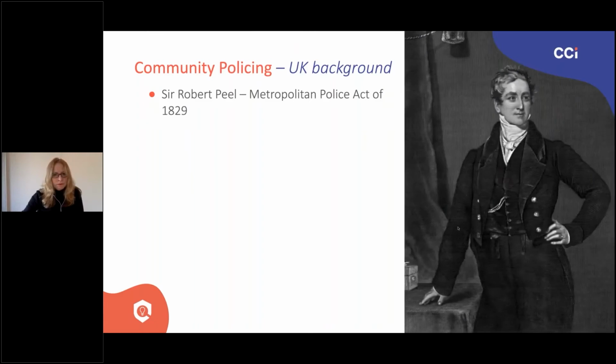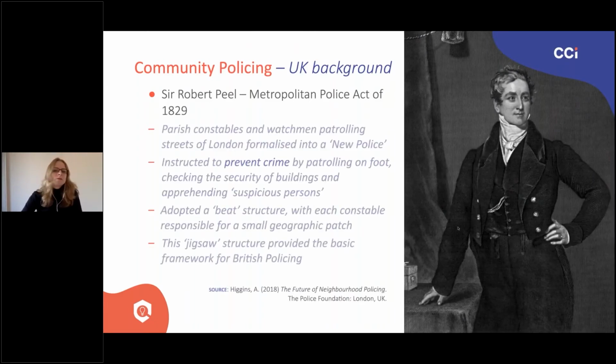So in the UK, the background to community policing, or as it's known here, neighbourhood policing, dates back to the mid-19th century, where Sir Robert Peel brought together the then disparate group of parish constables and watchmen who were patrolling the streets of London and created a new police force.